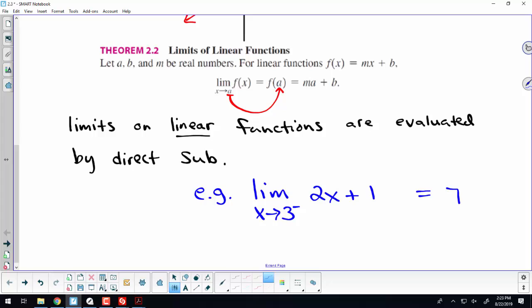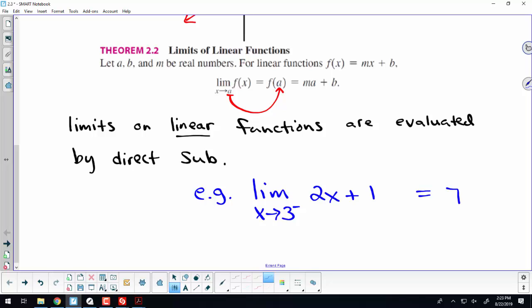So notice the theorem says something about the two-sided limit, and the previous theorem tied two-sided limits to one-sided limits. It's not explicitly stated here, but implied in this is that the one-sided limits are also the same thing as f of a. That's the only way that two-sided limit is equal to f of a.